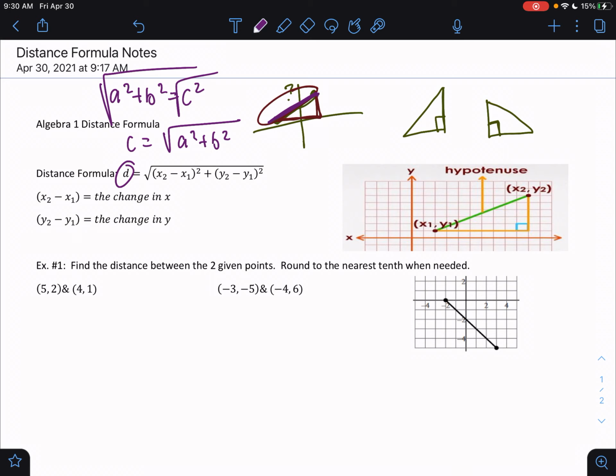Now we want to replace a with this right here and b with this right here, because that is what is going to give us the difference between those 2 points. So we're subtracting the x's and subtracting the y's to give us that distance there. And so these are related because we make a triangle to find the distance between 2 points.